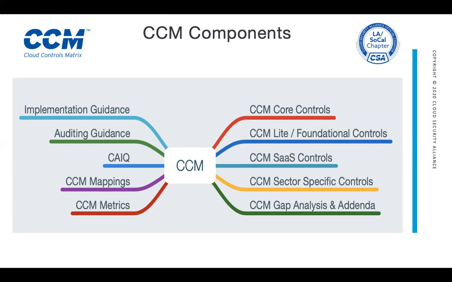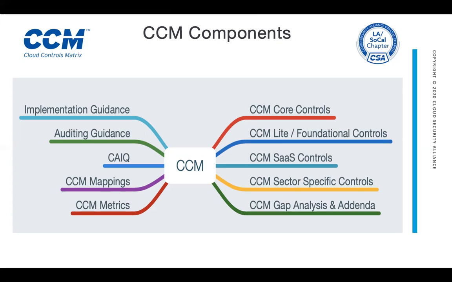Some of these have already started and are currently ongoing. For instance, the implementation guidelines, the auditing guidelines, the CAIQ V4 development, the mappings development, and the gap analysis and addenda that take place at the same time, and also the metrics development for automated and continuous auditing.